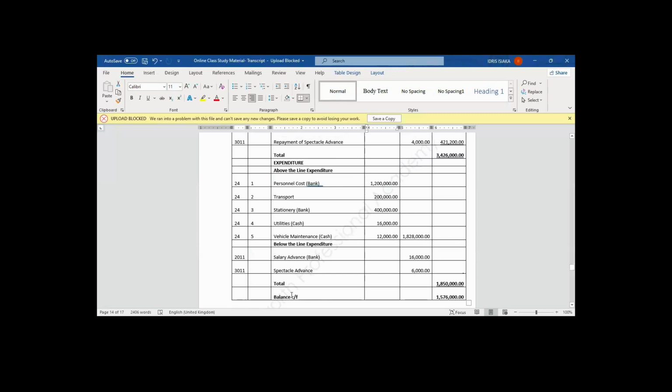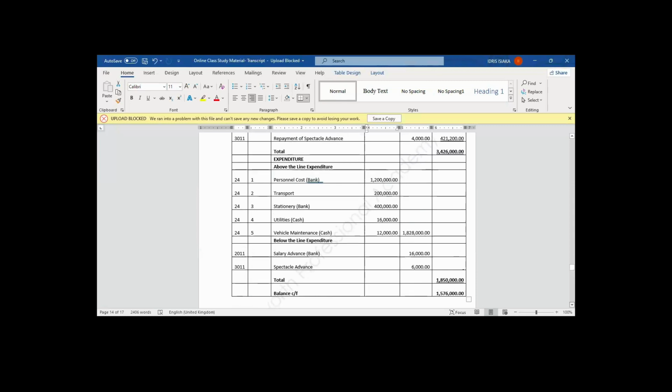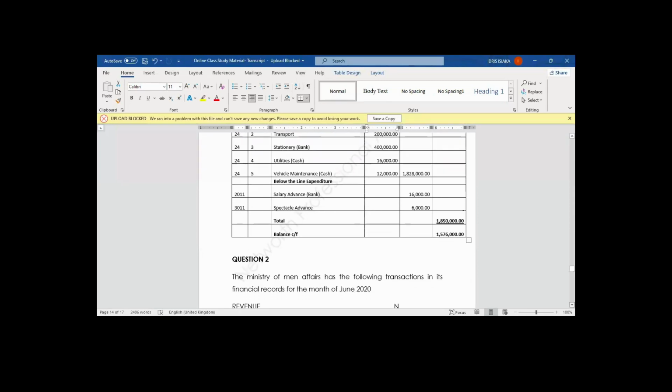You now get the balance carried forward, which is 1,576,000. So that is that. Now, let's look at the second question.